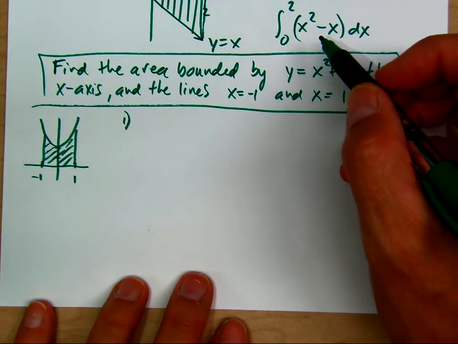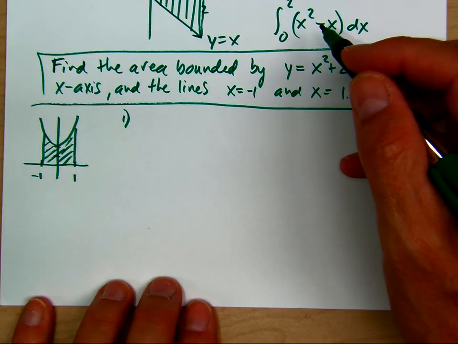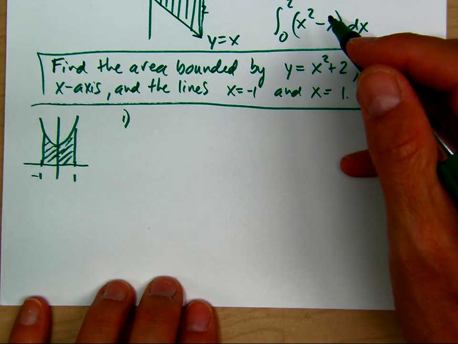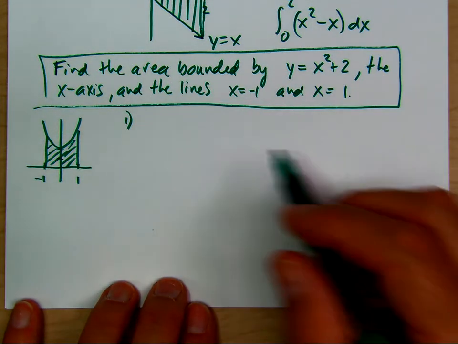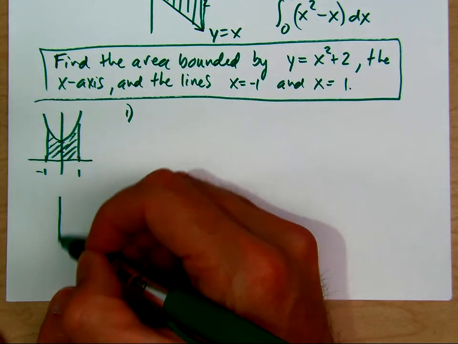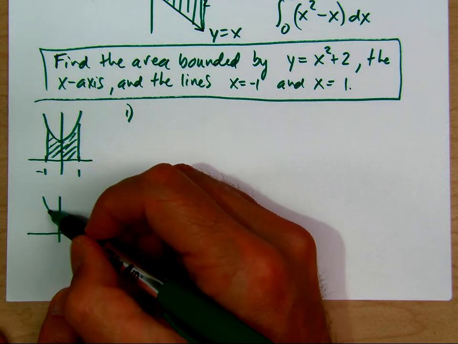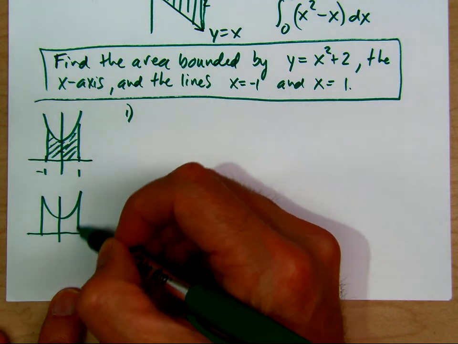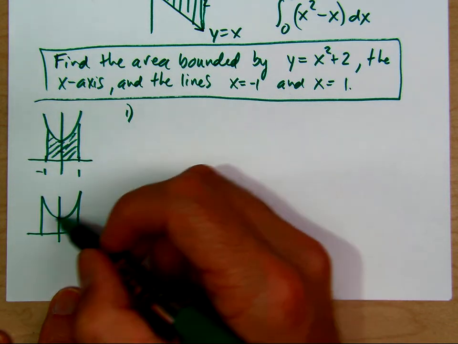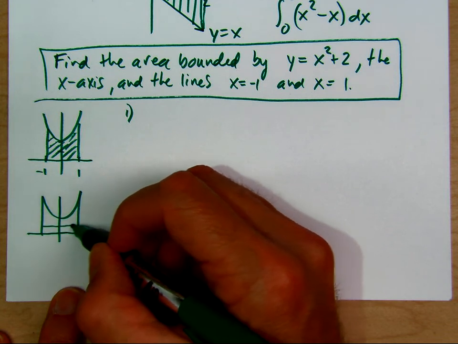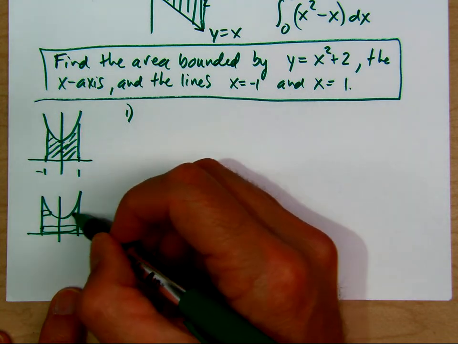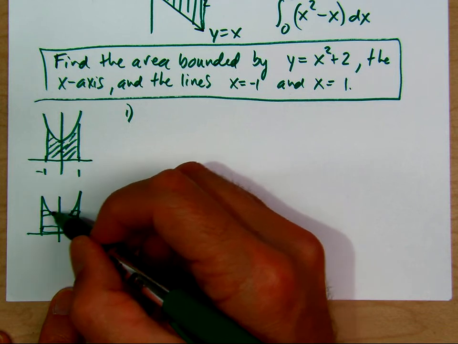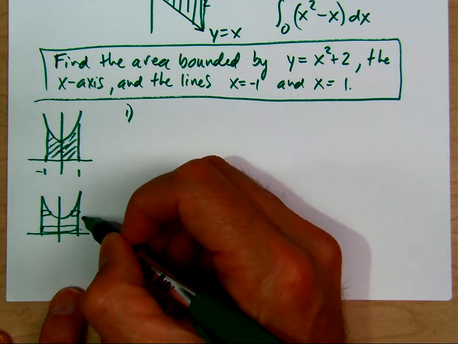So we want to have rectangles that always touch the same lines. So if I drew a horizontal rectangle, we have this, this, this. When I draw a horizontal rectangle, this rectangle touches the same two lines. But then when I draw this rectangle and this rectangle, now it's touching different parts of the line.